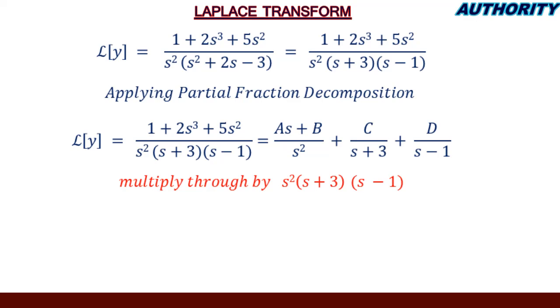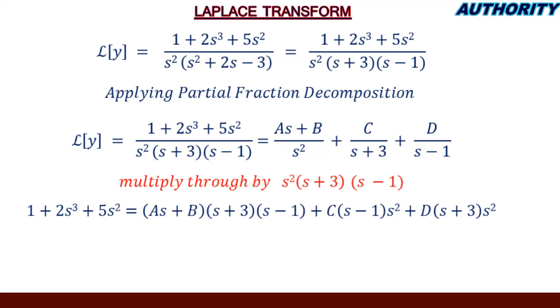So when we multiply through, we have 1 plus 2s cubed plus 5s squared is equal to as plus b times s plus 3 times s minus 1, plus c times s minus 1 times s squared, plus d times s plus 3 times s squared.